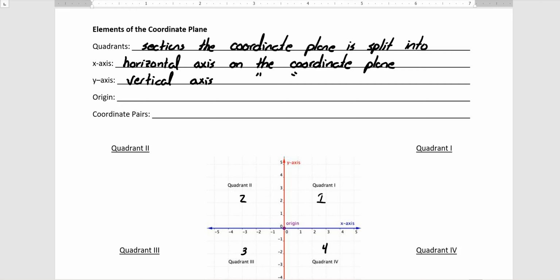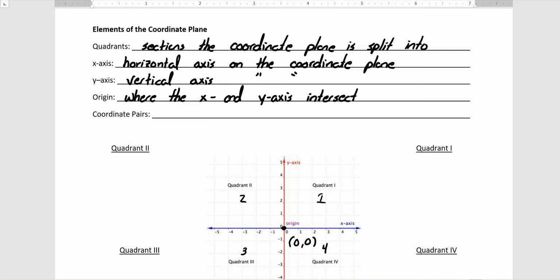Looking across, the x-axis is blue, the y-axis is red. The origin is where the x and y-axis meet. Really, I should say where they intersect. That's a better mathematic term. The origin's right here, and it intersects at the point 0, 0.